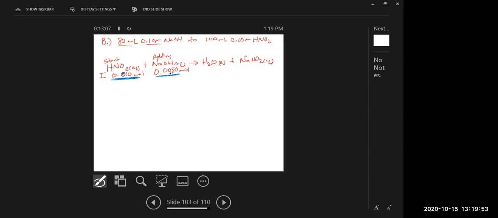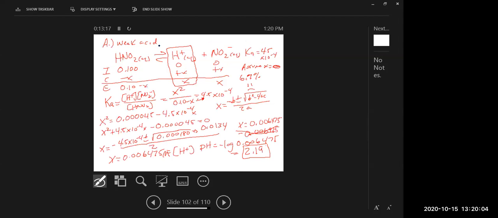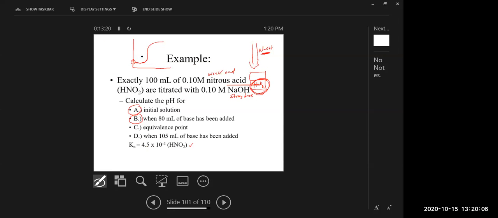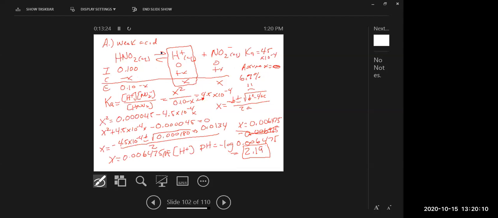Because what we added is less moles than what we started with, this tells me that I am before the equivalence point, somewhere here in this titration.